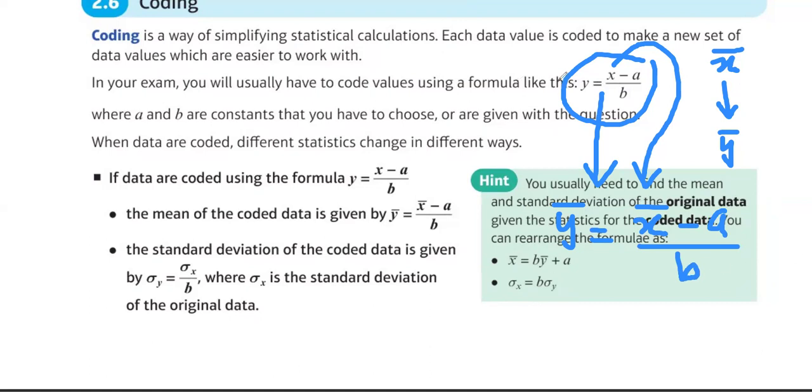We can directly convert the code into y bar, mean of y, like this. If you find x bar, then you can substitute 10, then you can find y bar using this method. Okay.